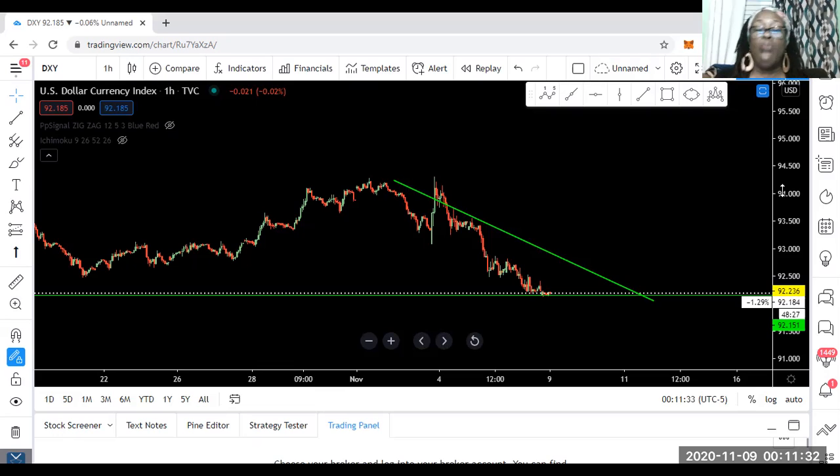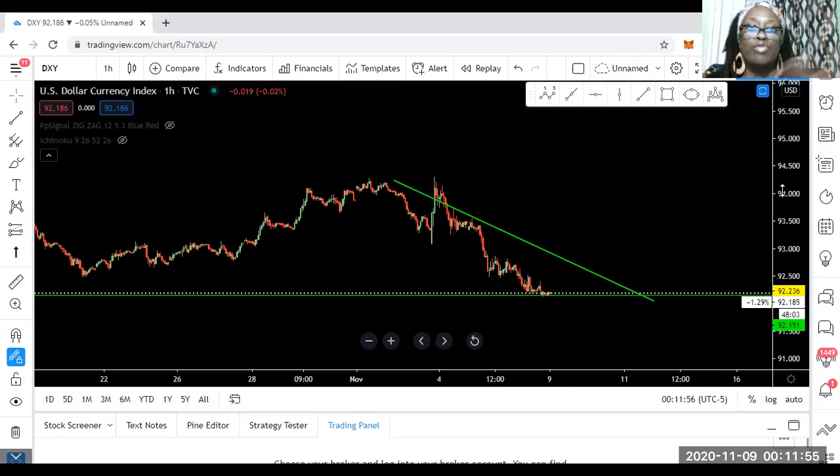Now, how does that relate to the other pairs that you're trading the dollar against, like the EURUSD or the USDCAD or any dollar pair that you're trading? Whatever's happening with the dollar on the DXY is happening with the dollar on those other pairs as well. So I would be looking for a reversal.